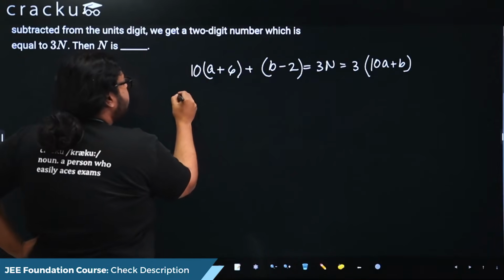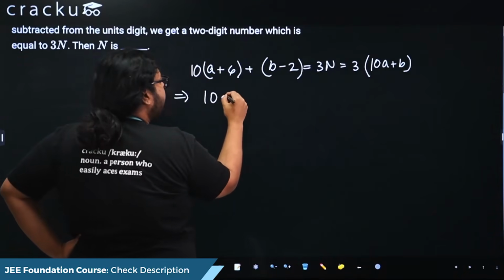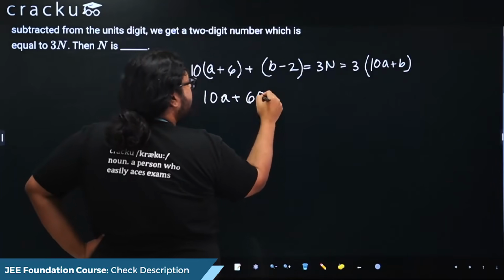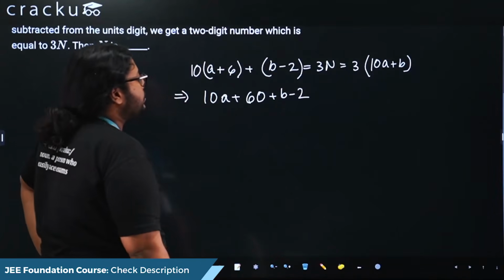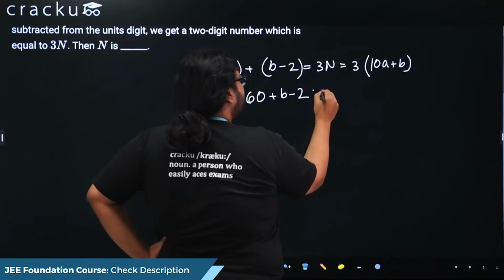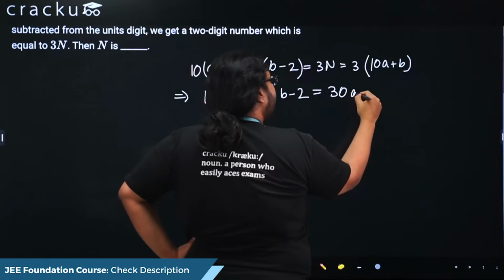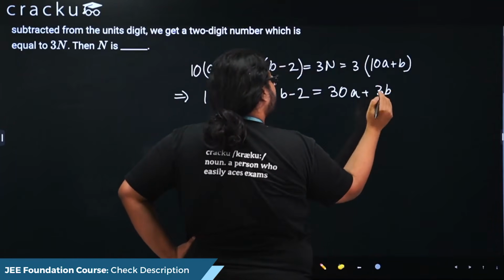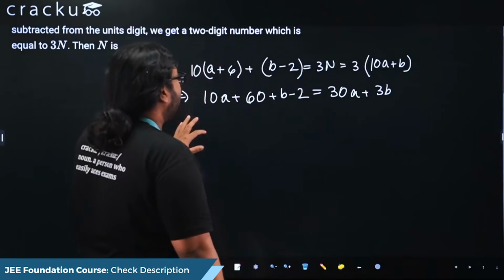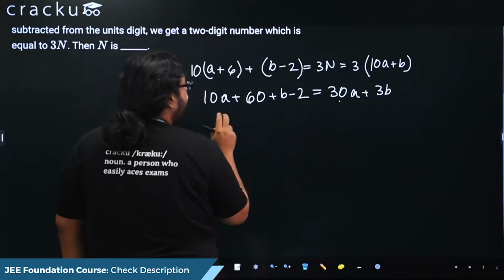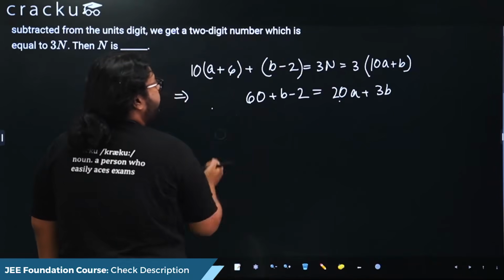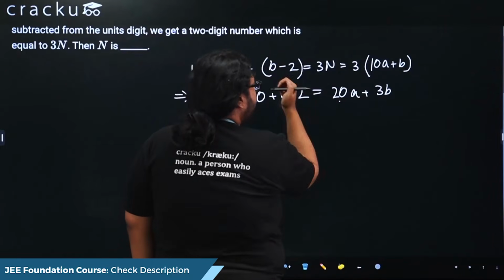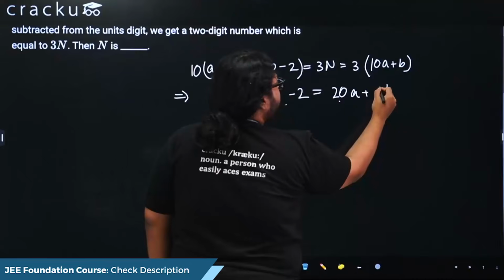Let's solve this. This gives me 10a plus 60 plus b minus 2 is equal to 30a plus 3b. So 30a minus 10a gives me 20a. 3b minus b gives me 2b.